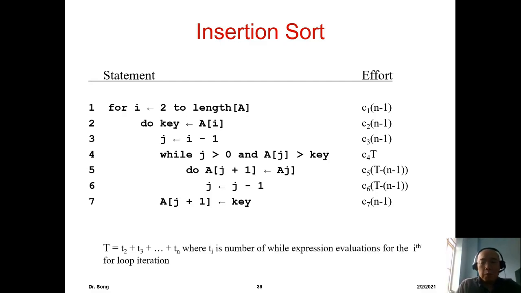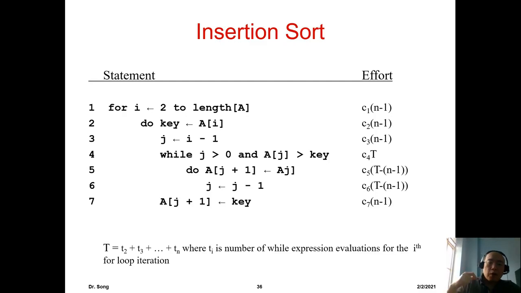Line 4, 5, and 6 are the tricky part. We are going to introduce a new value to help us as a bridge to solve this problem, and we assume that is t. So for t2, t3 to tn, ti is the number of times that the while expression is evaluated.